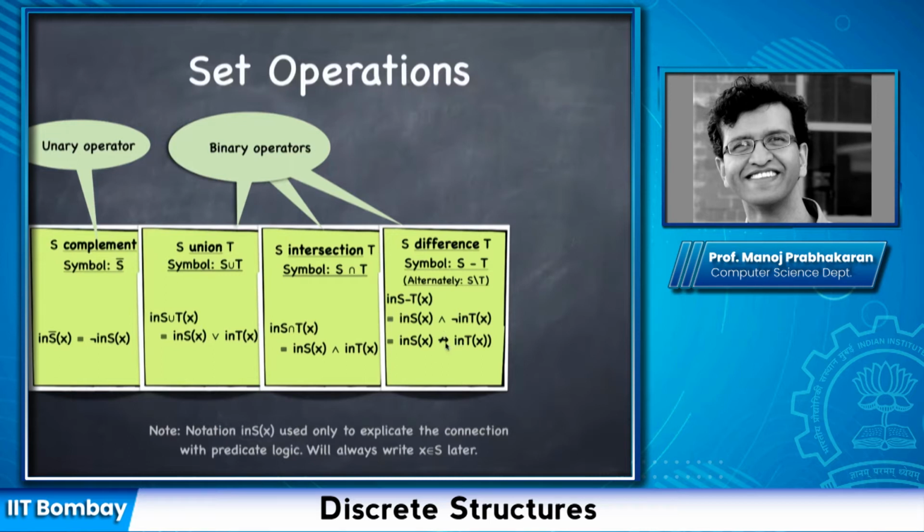Okay, so I could call it the not implies operator. In the language of sets, it is the negation or the complement that you would come across more naturally. Okay, so in S minus T of X is true if in S X is true and in T X is false.